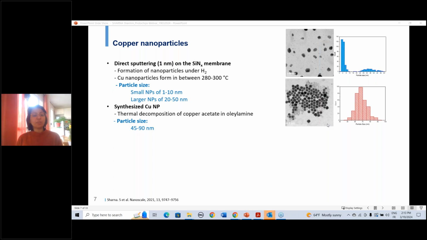We kept a temperature between 280 degrees Celsius and 300 degrees Celsius. The protocol has been constant to produce nanoparticle sizes of 1 to 10 nanometers. It's a bimodal size distribution, as you can see here, with larger nanoparticles of 20 to 50 nanometers. We have also synthesized some nanoparticles using thermal decomposition of copper acetate, where the nanoparticles were a bit larger, above 50 nanometers up to 100 nanometers.